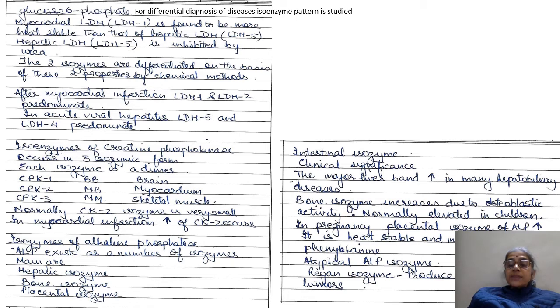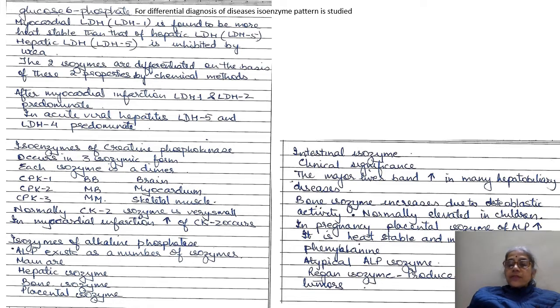Different isozymes have different inhibitors and heat stability. For example, myocardial LDH, that is LDH1, is heat stable as compared to hepatic LDH, which is LDH5. Hepatic LDH is also inhibited by urea. So these two properties help us differentiate between hepatic LDH and heart LDH.